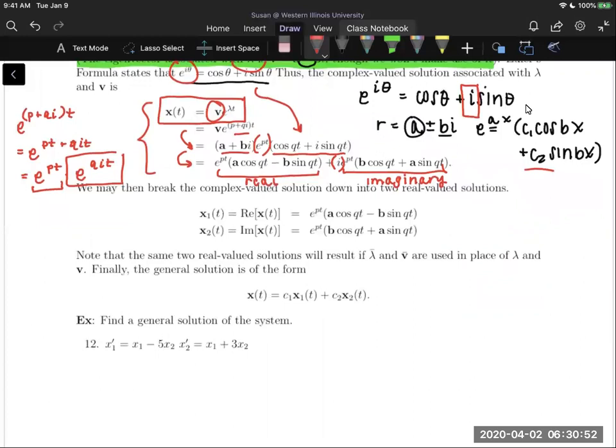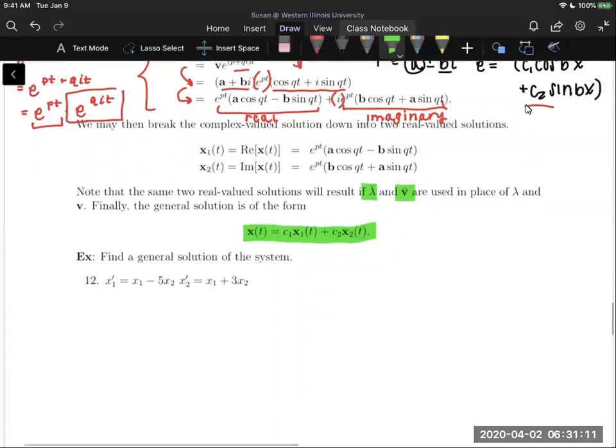And again, I made a note here that we would have just gotten similar solutions, and then our general solution is going to be a linear combination of those two. So we take C1 times the real portion plus C2 times the imaginary portion, and we're good to go there.